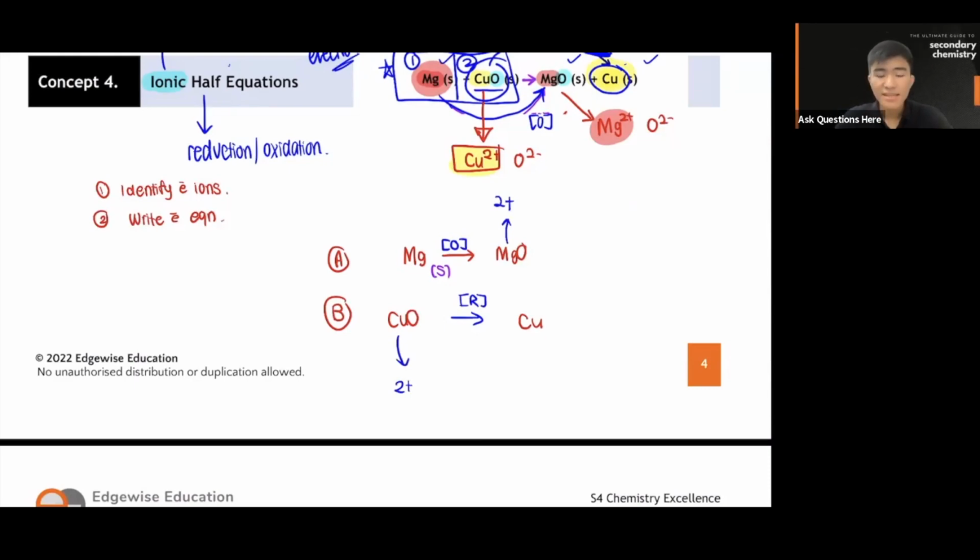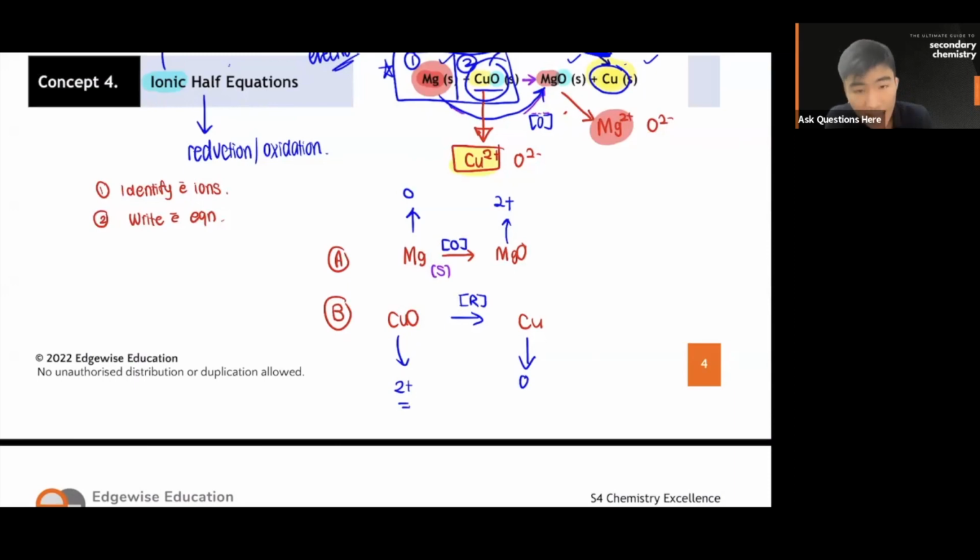You will notice that magnesium originally has 0 charge. After the reaction, it has a 2+ charge. On the other hand, copper originally has a 2+ charge. After the reaction, it has decreased to a 0 charge.